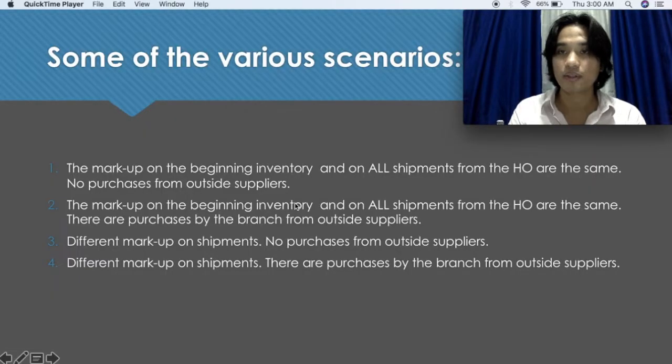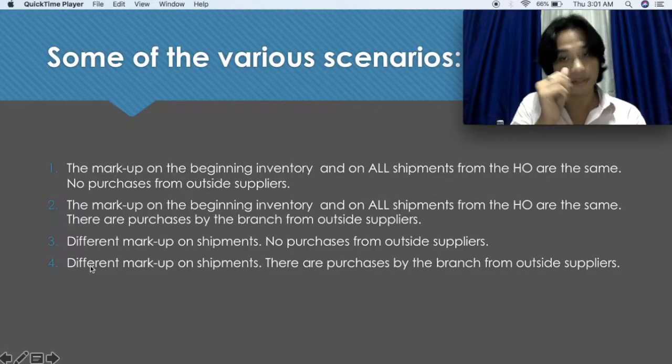So the resources of the branch comes from the home office and at the same time from outside suppliers. And number three, there are different markup on shipments from the previous year and the current year, but no purchases from outside suppliers. And lastly, you have different markup from period to period. Then there are purchases by the branch from outside suppliers.